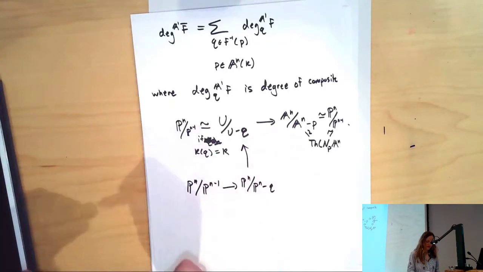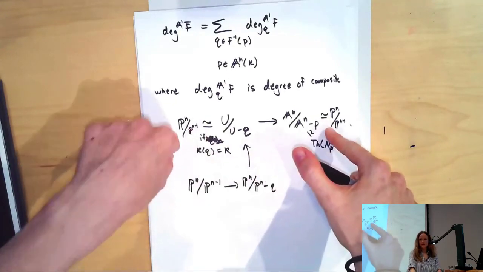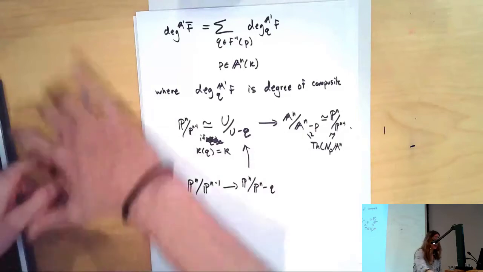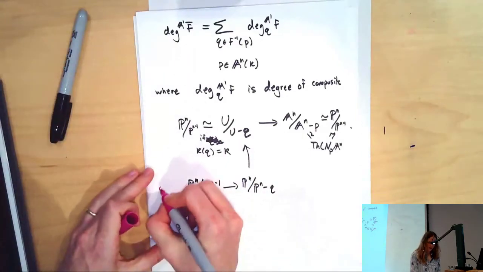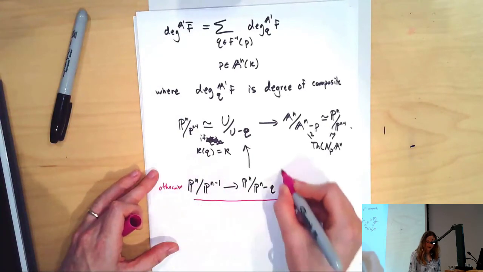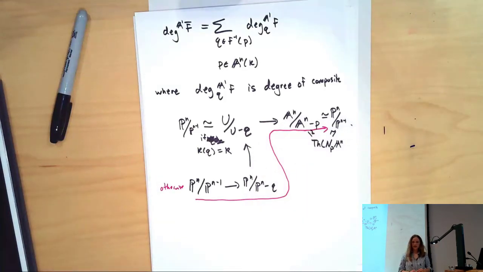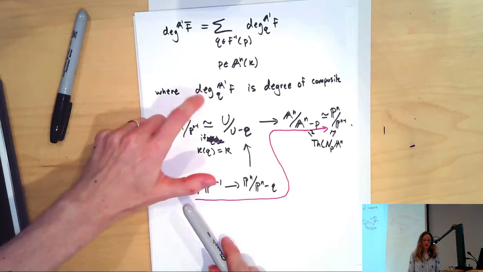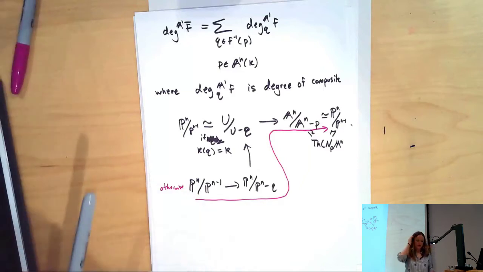So in general, the composite of this map is as described if you've got a rational point, and otherwise you can take this. And so that's a definition of the local degree in terms of the global degree, analogous to taking boundaries of balls.